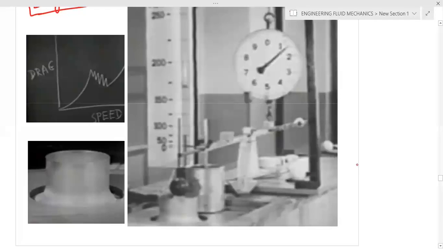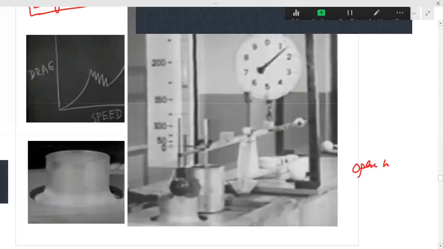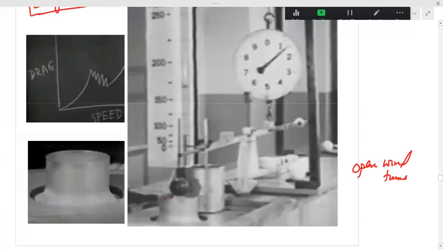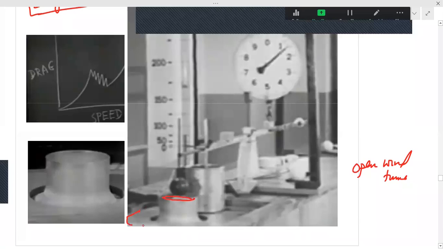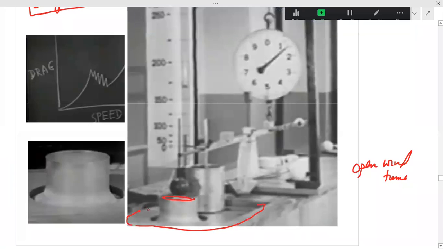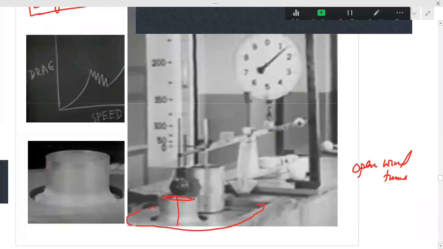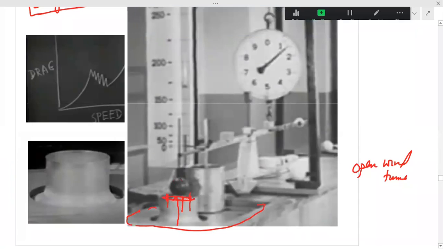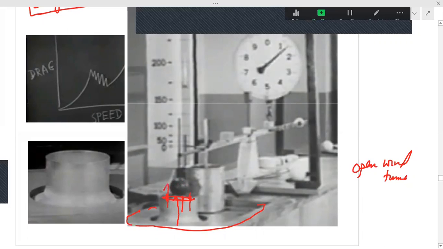This is what I was talking about: the open wind tunnel. This is a wind tunnel, and this is the chamber in which there is pressurized air. Air is coming from below, and this is the object which you want to test for drag force. Air will be blowing in an upward direction.